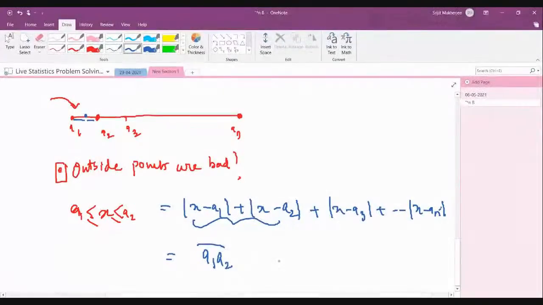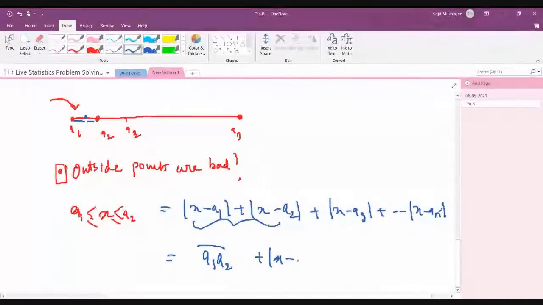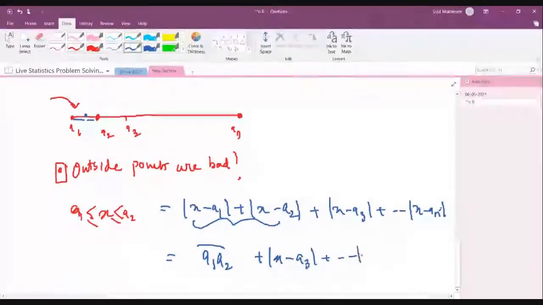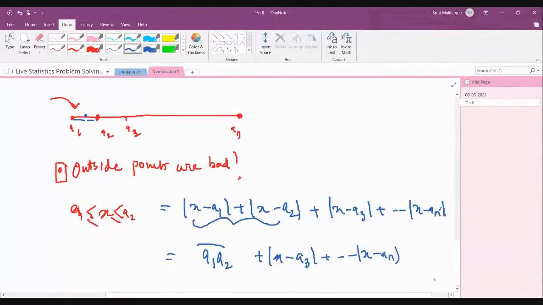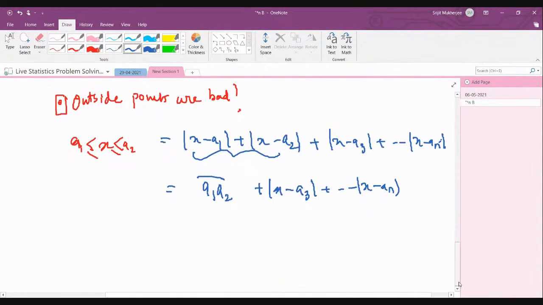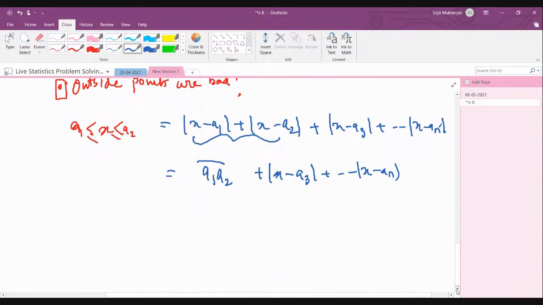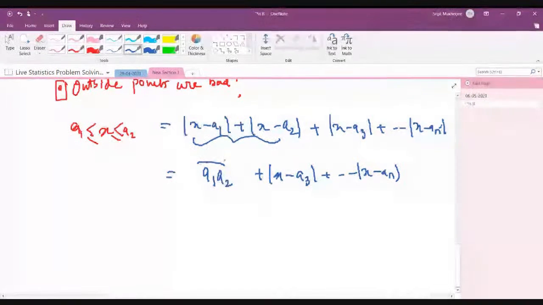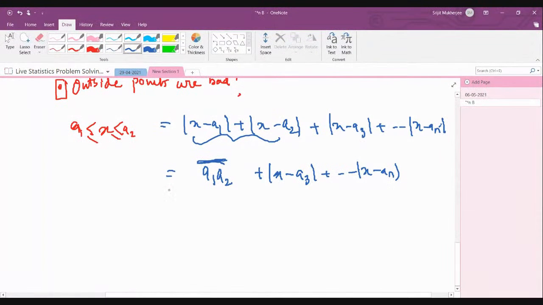Understand this, for all x, plus modulus of x minus a3 plus dot dot xn. You got this right? So therefore, this is the same as a1 a2 plus the rest.